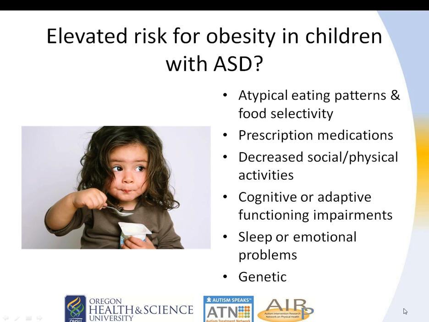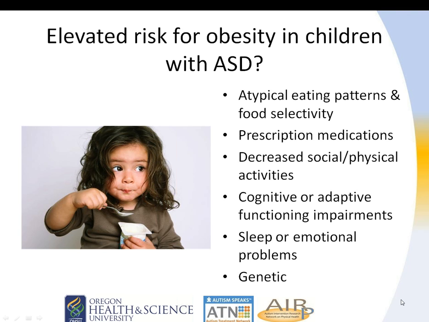These kids may also have decreased opportunities for physical activities that might be more social in nature. As well, cognitive or adaptive functioning impairments could also inhibit their physical activity levels. For example, if a child has motor coordination difficulties, that might preclude them from engaging in some team sports.